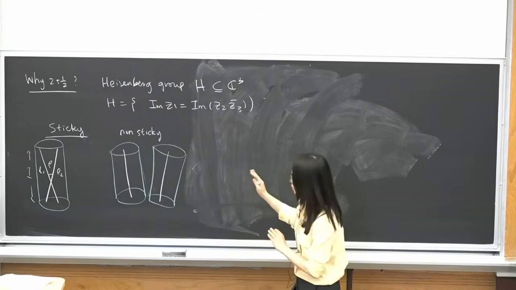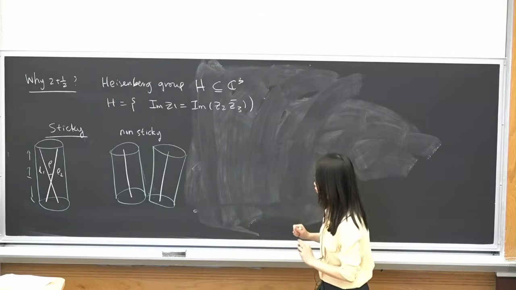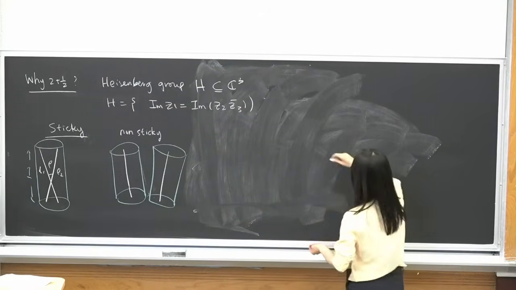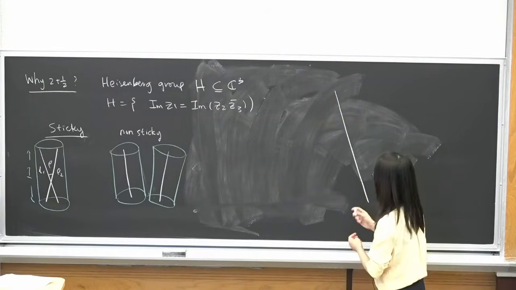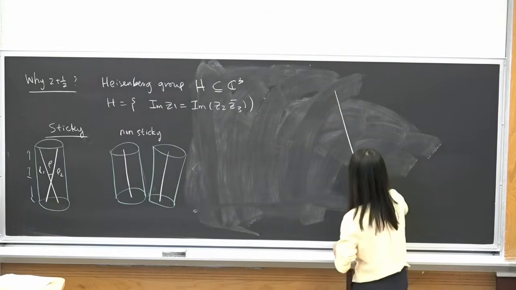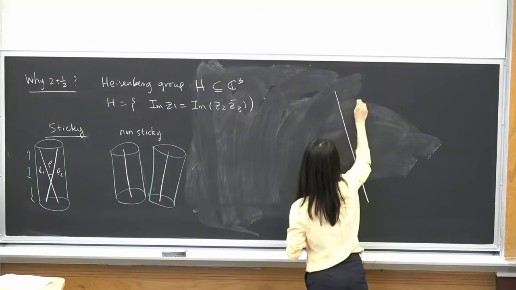Then, for the graininess property, I'm going to draw a picture to summarize what we know before. So the picture is the following.